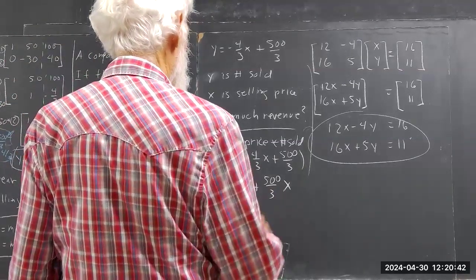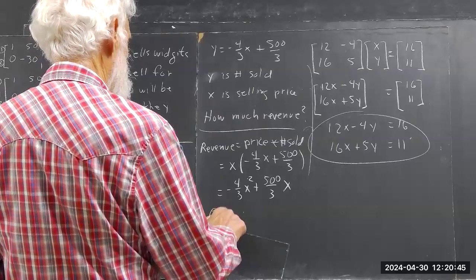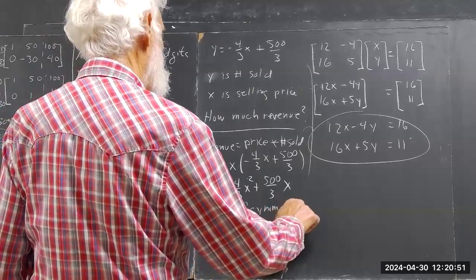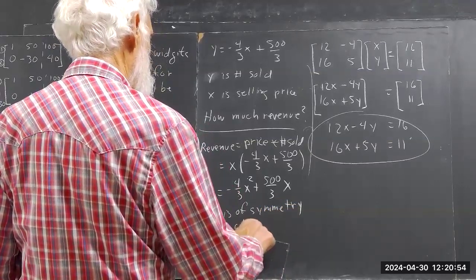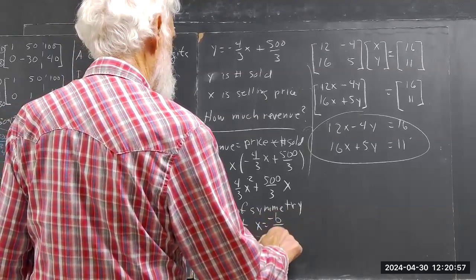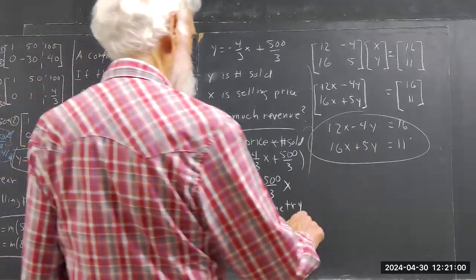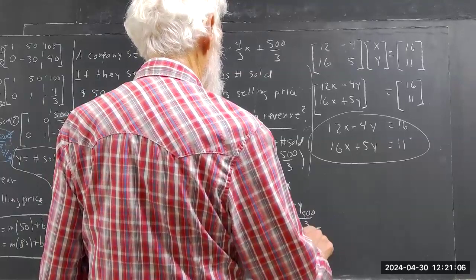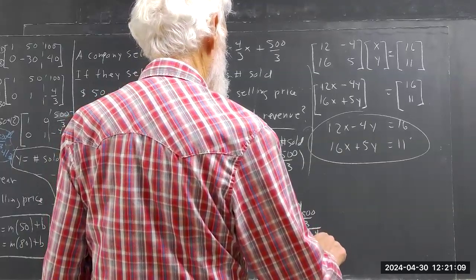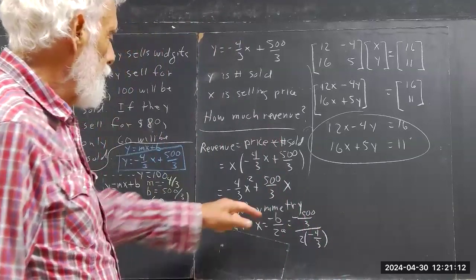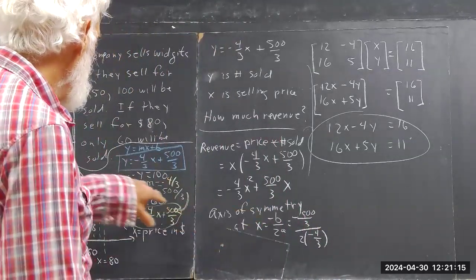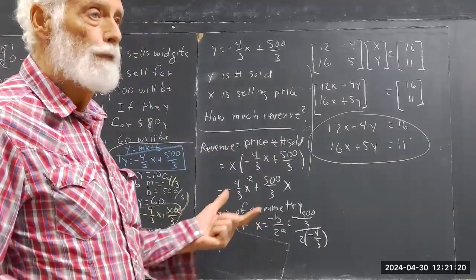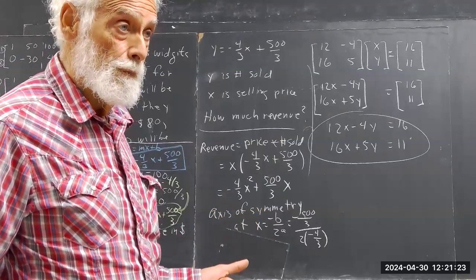So the graph of this thing, well, negative b over 2a, and this b is no longer the b for the linear function. This is how we graph a quadratic function.